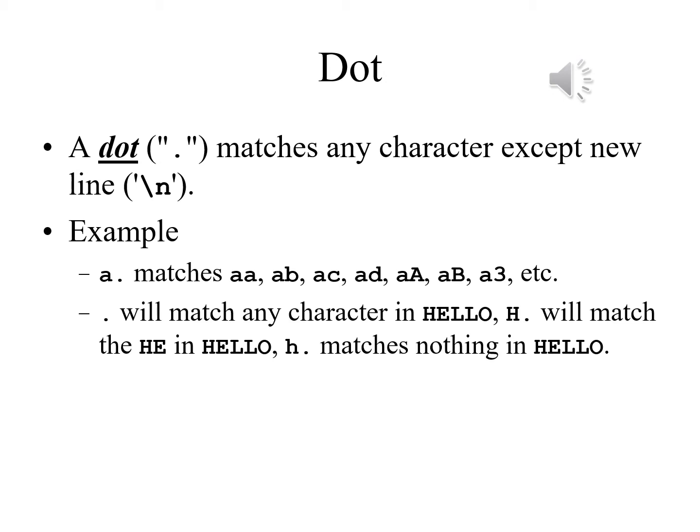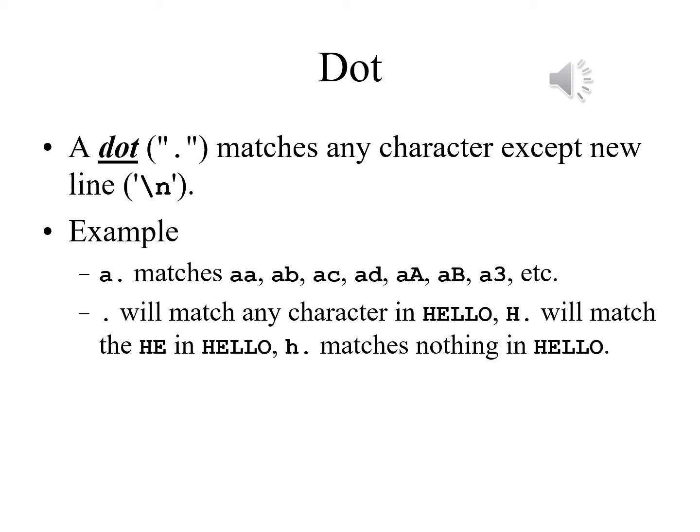A dot is a wildcard character of sorts. It matches any character that can appear in the text except for new line. For example, a dot matches aa, ab, ac, ad, capital A, capital B, a3, and so on.